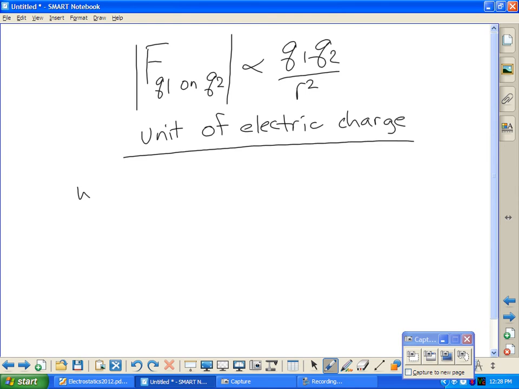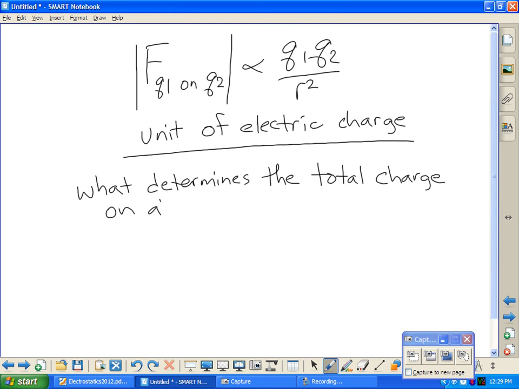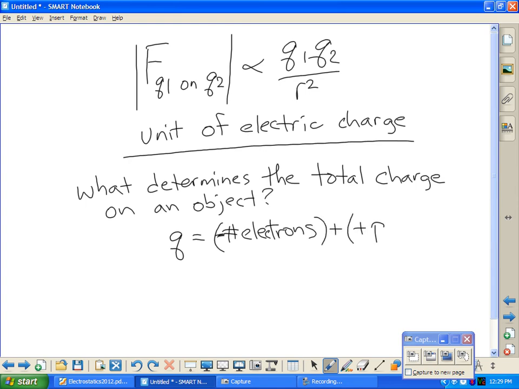What determines the total charge on an object? Yes, excellent. What determines the total charge on an object? As you said, the total charge will be the number of electrons plus the number of protons.